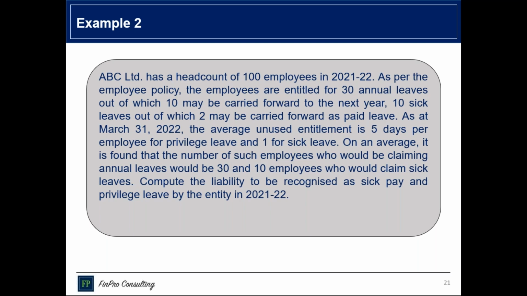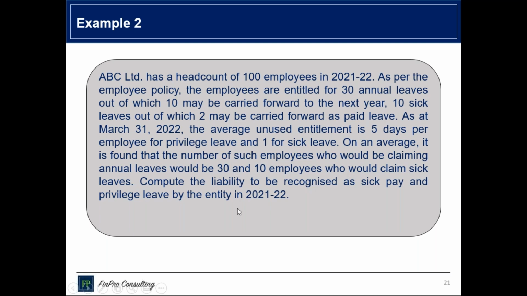On an average, it is found that the number of employees who would be claiming annual leaves would be 30, and 10 employees who would claim sick leaves. You need to compute the liability to recognize for the sick pay and the privilege pay by the entity as at the end of 31st March 22. So it is pretty simple.